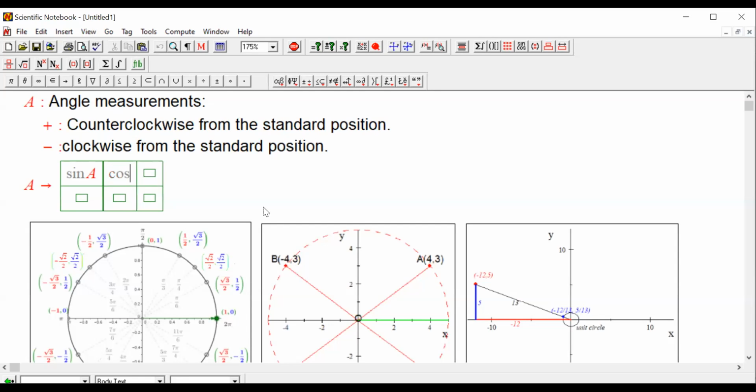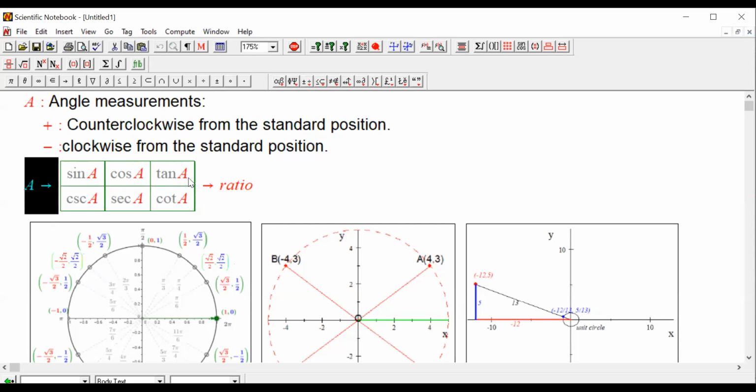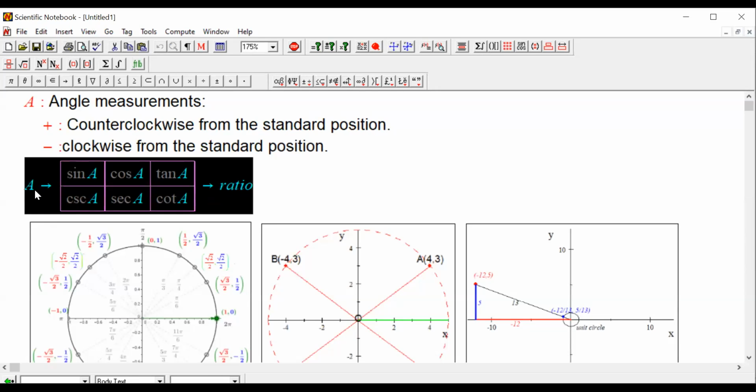Cosine, tangent, and their reciprocals. Cotangent, okay? And the outputs are ratios of various sorts, okay? So you just need to know for these functions, the inputs are angles.